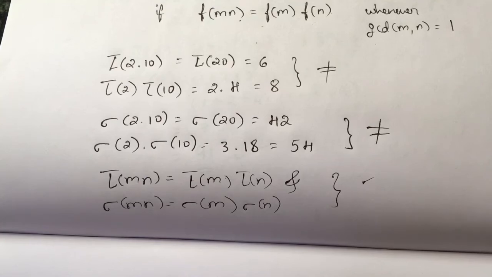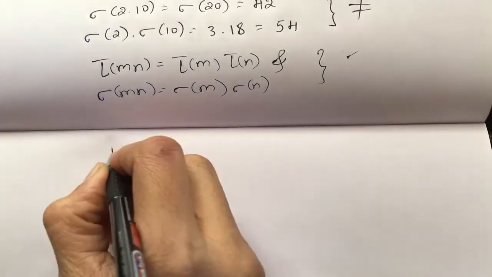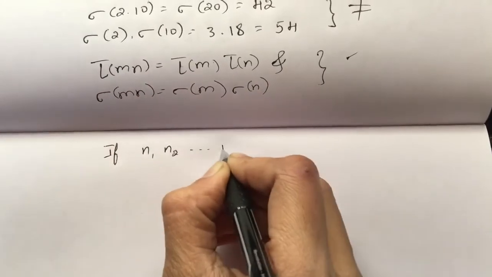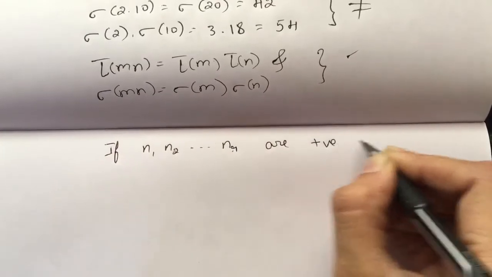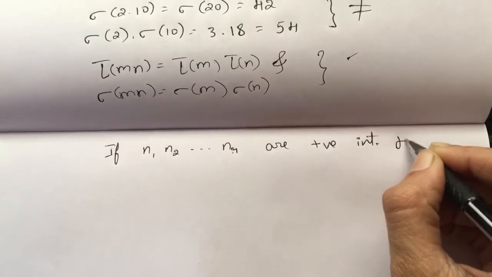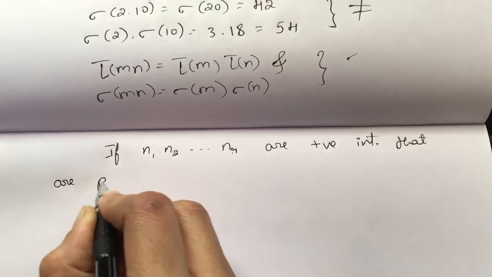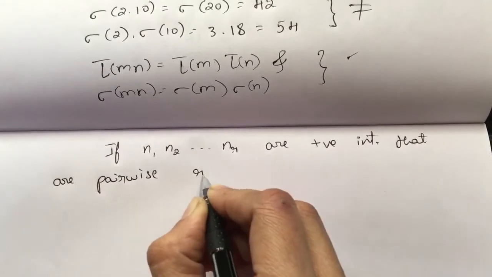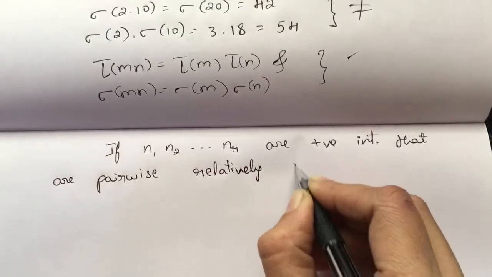Suppose n1, n2, up to nr are positive integers that are pairwise relatively prime.